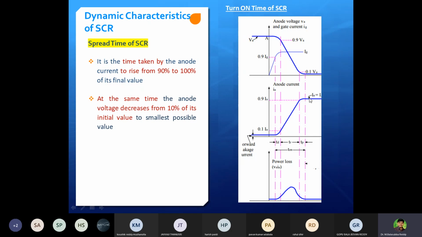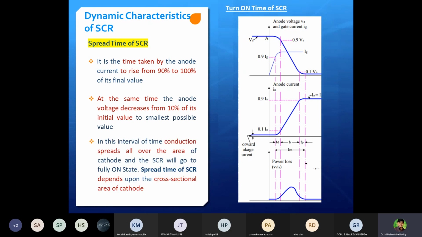At the same time, the voltage has already fallen to 10% in the rise time, but finally it has to reach near 0, or the drop across the device, 1 to 2 volts. That's why we mention here that it decreases from 10% of its initial value to the smallest possible value, which is only the drop across the device, giving only 1 to 2 volts or 1 to 1.5 volts.